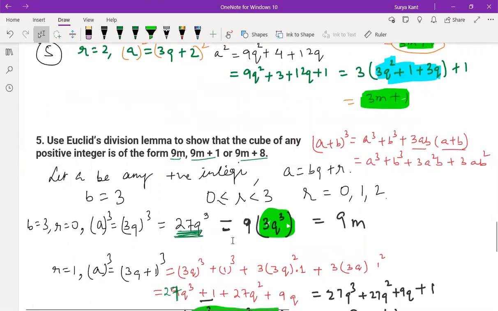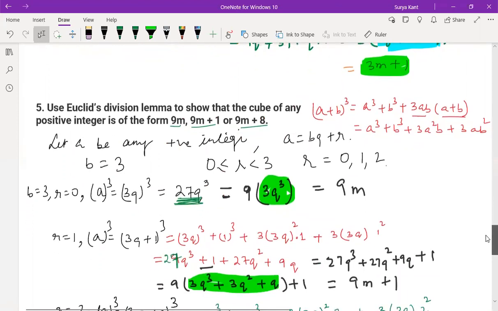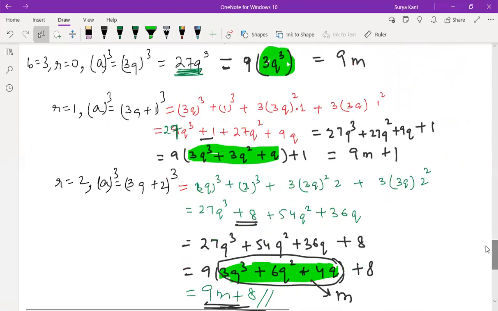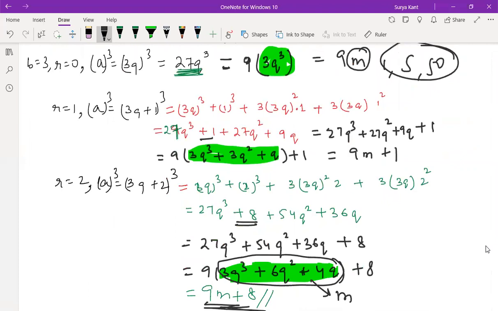M can be any integer. It may be 1, it may be 5, it may be 50, whatever it is. It's a variable. This should be in the form of 9m, 9m plus 1, 9m plus 8. What are you saying? Any doubt?